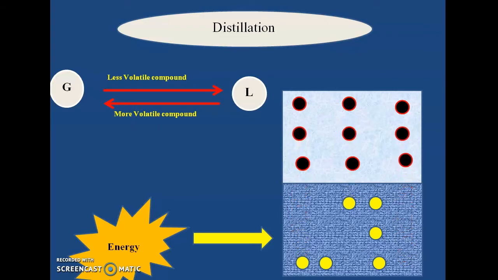This is because chemical potential plays a major role in this transfer. In later lectures, we are going to see the concept of chemical potential and how it causes mass transfer in distillation to happen.